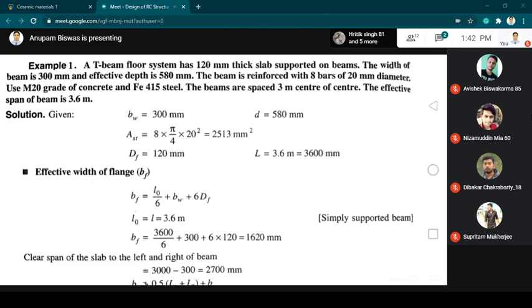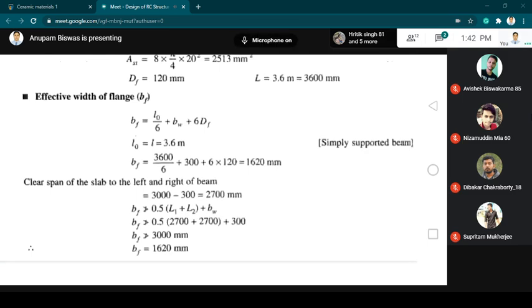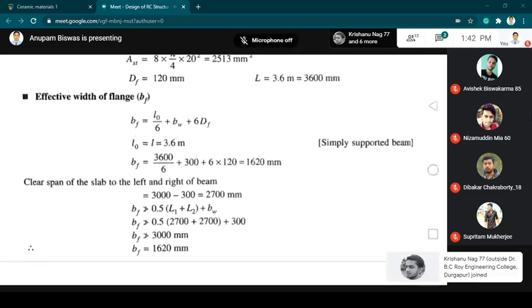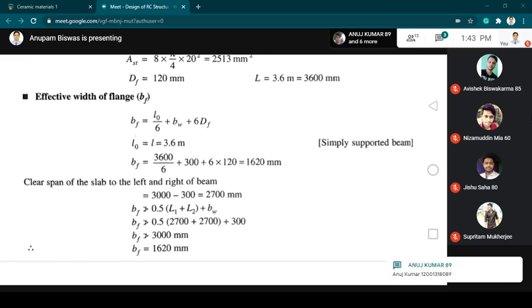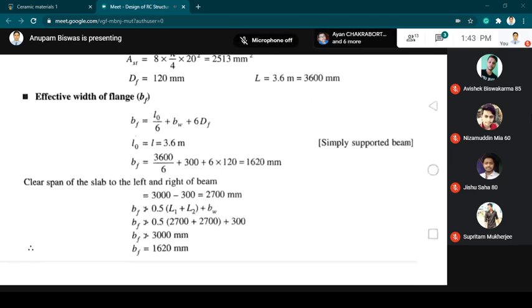Next is to find the clear span of the slab. The effective width of the flange depends on the value given by IS code clause number 23.12.